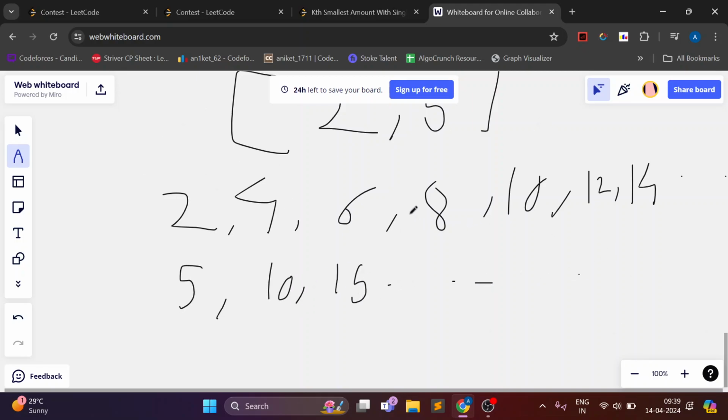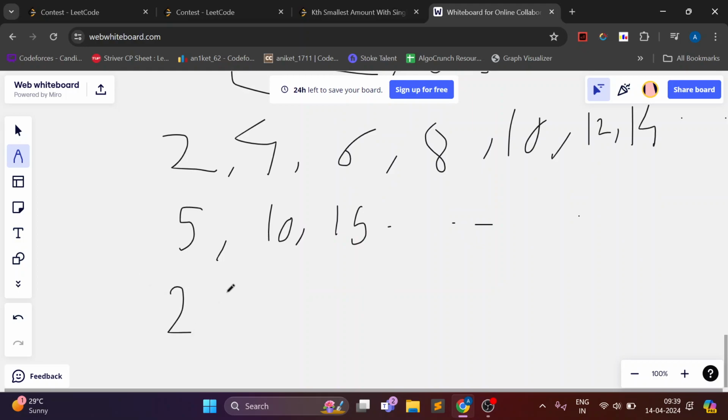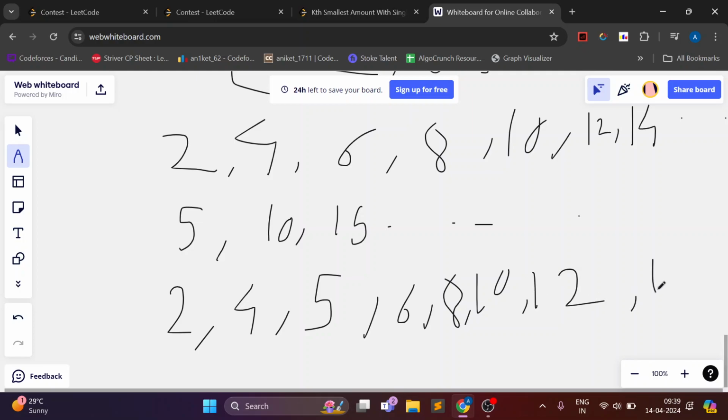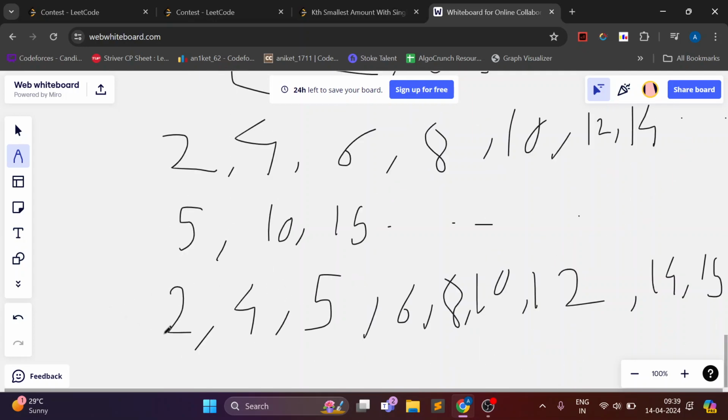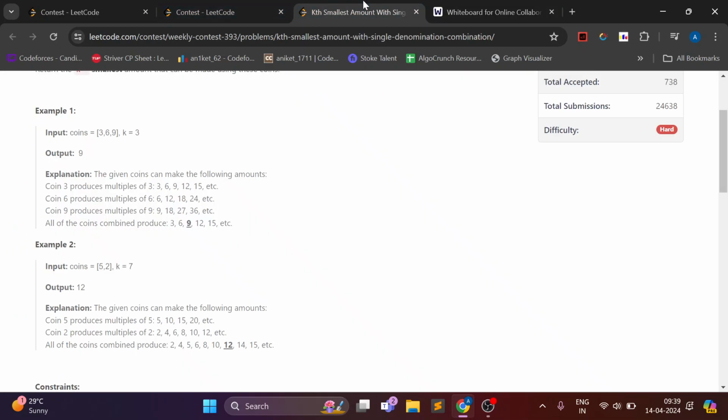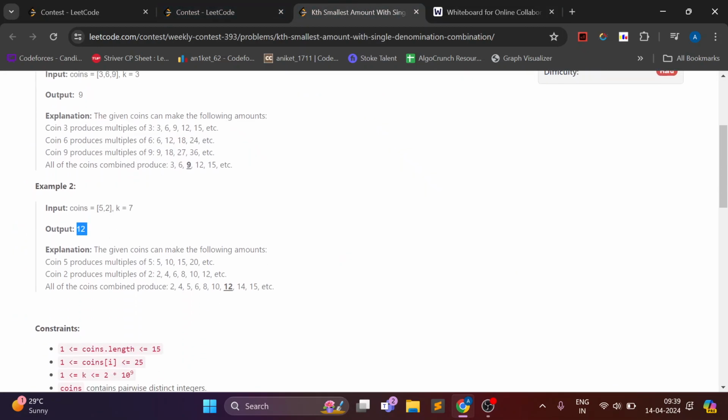Now again, if I make a set and sort them, my set will look like 2 4 5 6 8 10, then 12 14 and 15, and k here was 7. So finding the seventh least element, 12, the answer here is 12.